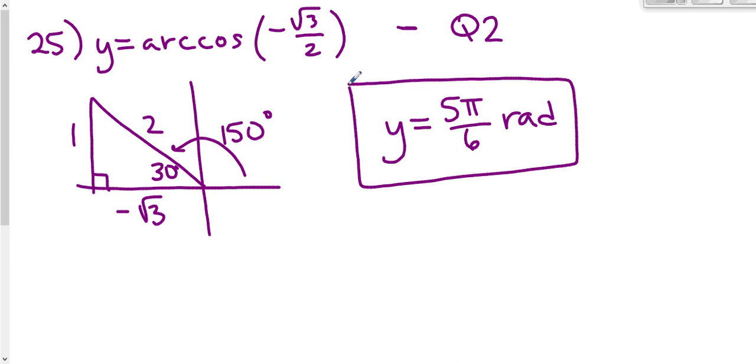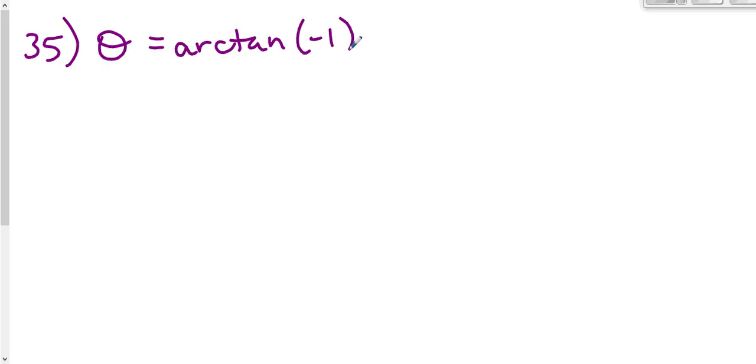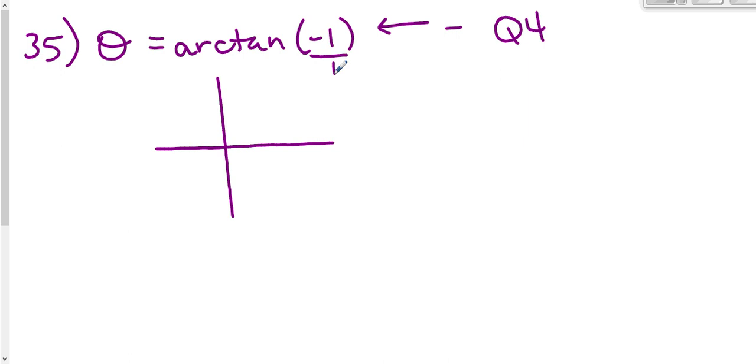All right, now we're jumping to 35. This time we're going to give the answer in degrees. Theta equals arc tangent of negative 1. Okay, we're back to quadrantals, or are we? Maybe not. So where would arc tangent be negative? If it's negative, it's going to be quadrant 4. Let's think of that as negative 1 over 1.